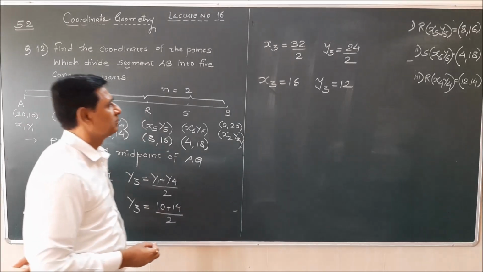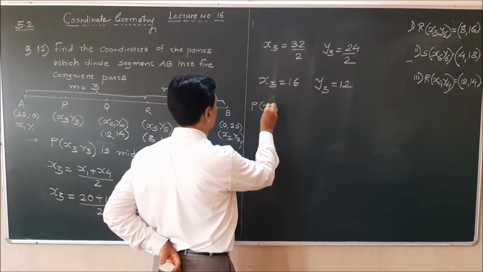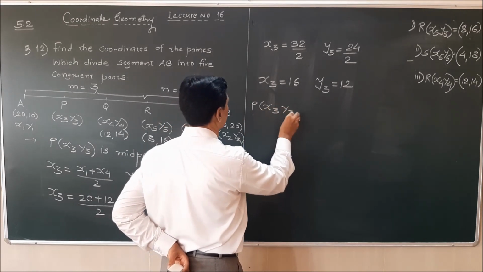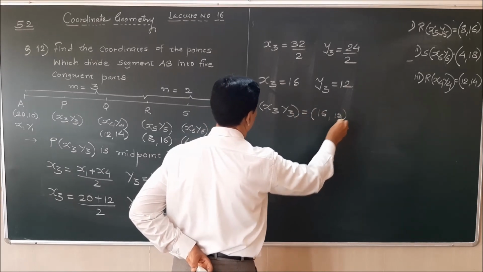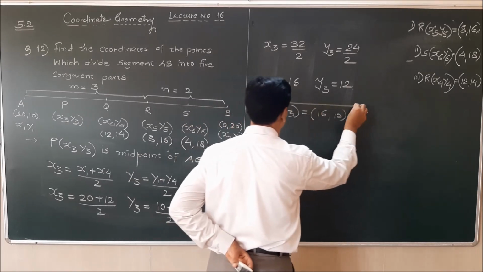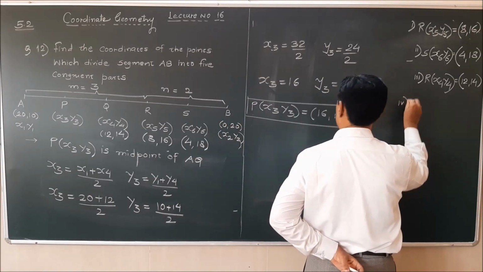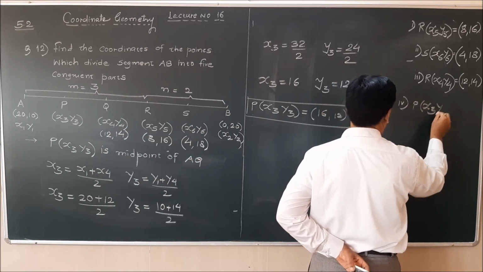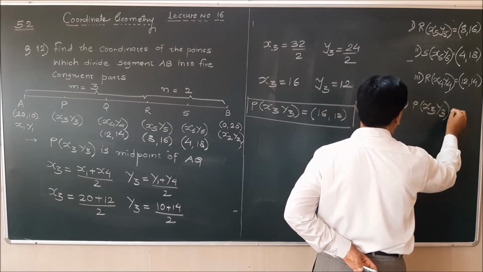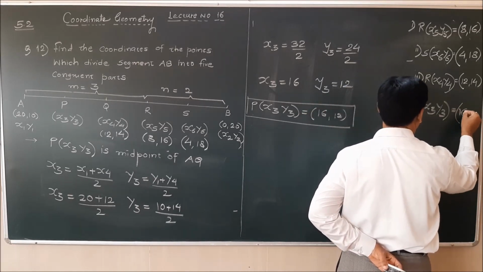So we can say that the fourth one, P, x3, y3 is equal to 16, 12.